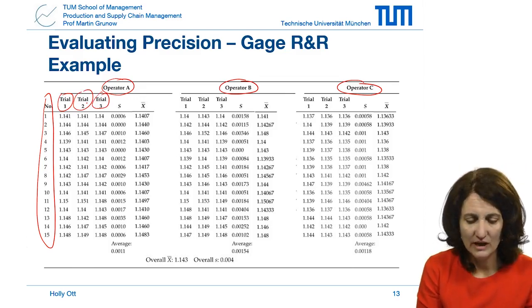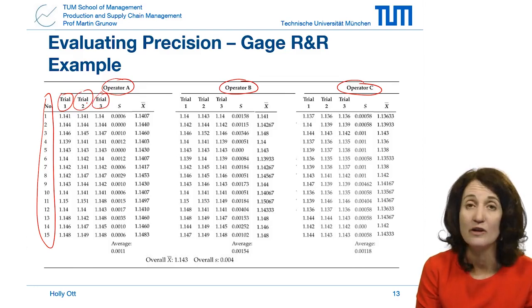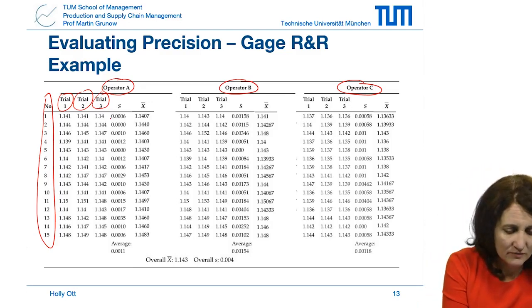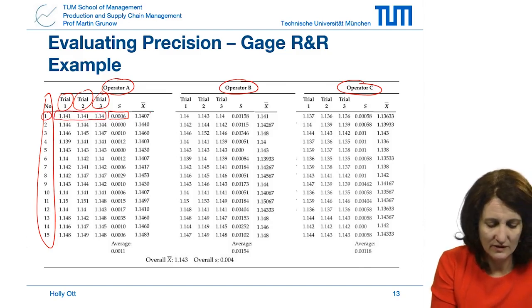Now, again, we're not going to evaluate all the data, but we can calculate the sample standard deviation. For example, here is the sample standard deviation for operator A, part number 1, and these 3 trials, and various other statistics.